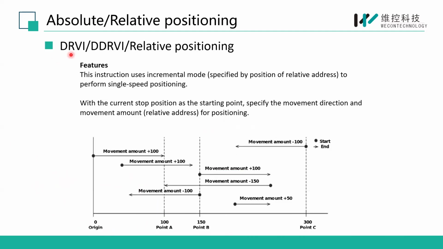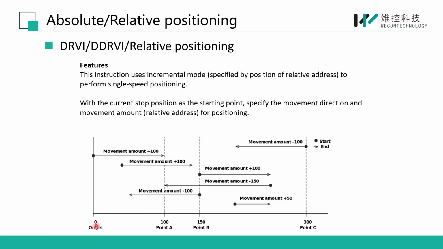About the DRVI and the DDRVI, the most important point is that they take the current stop as the start point, unlike the absolute position instruction. The start point of the relative position instruction is not fixed.